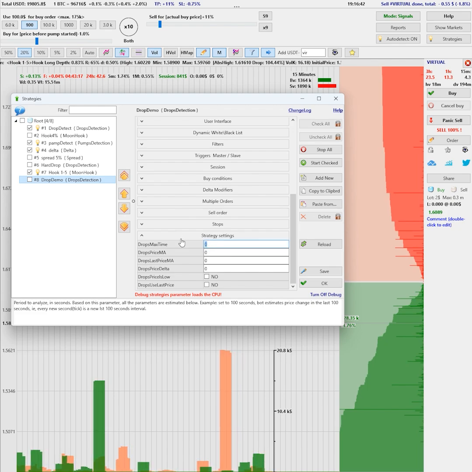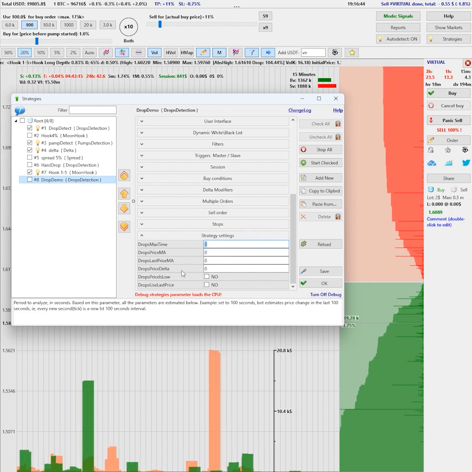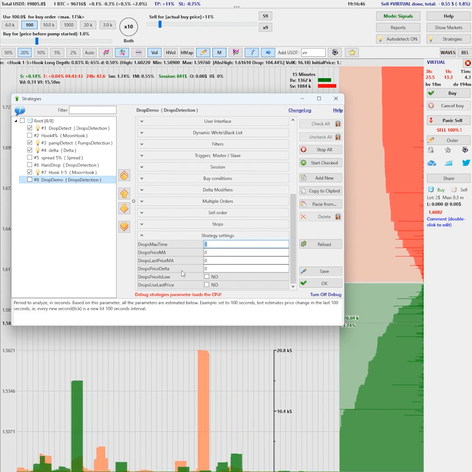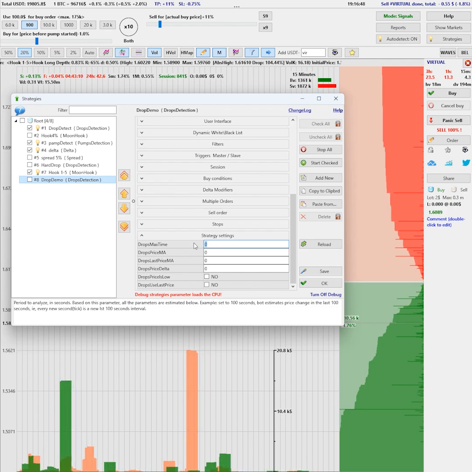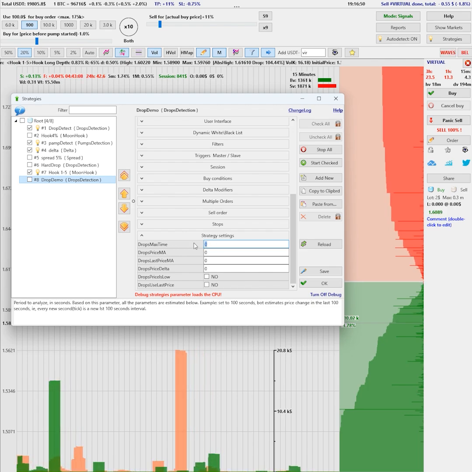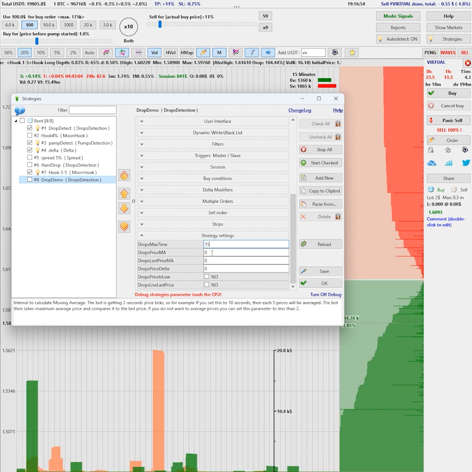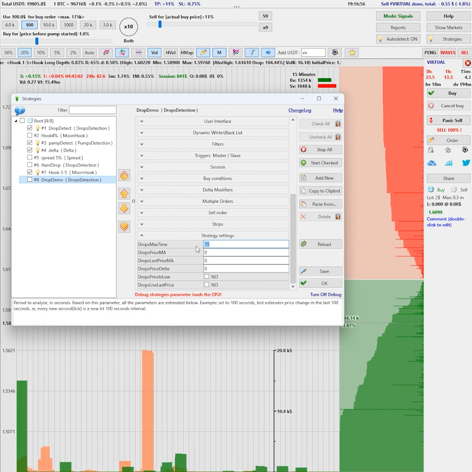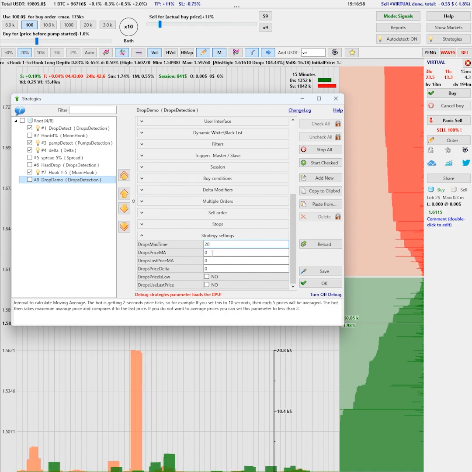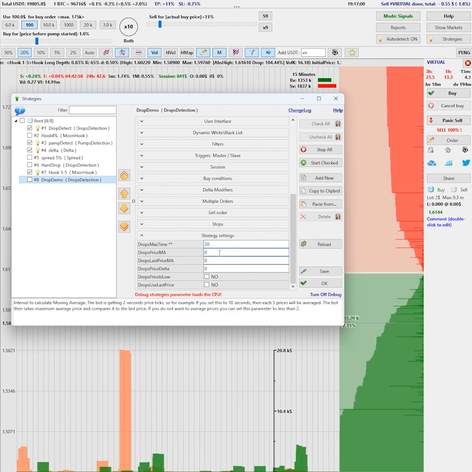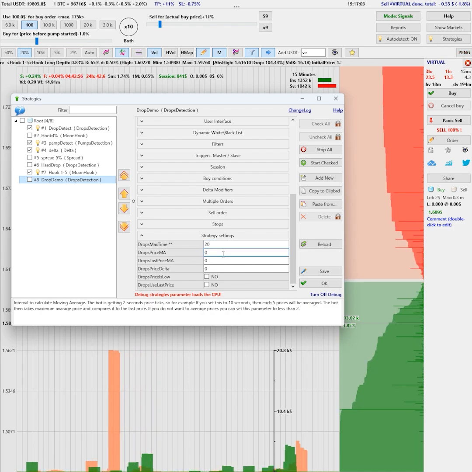Very last one. All right, this is basically the actual drops detection strategy. So let's say over the last 15 seconds. Let's do 20. Over the last 20 seconds.